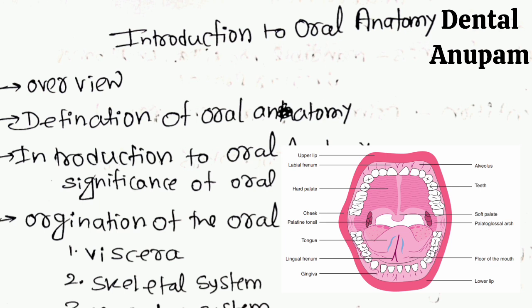In-depth knowledge of the oral and periodontal structures, their relationship with the adjacent structures, and the relevant nomenclature is essential for the following reasons.